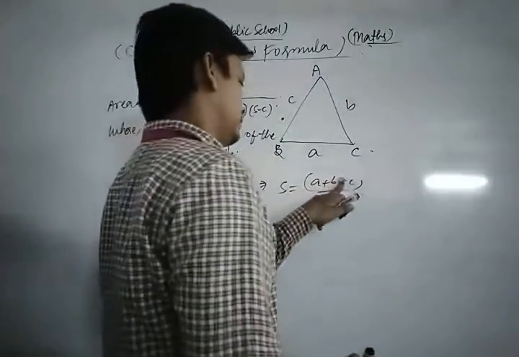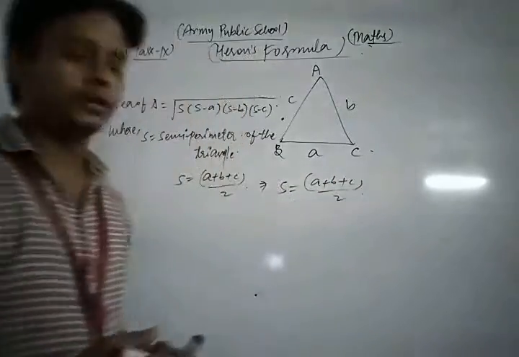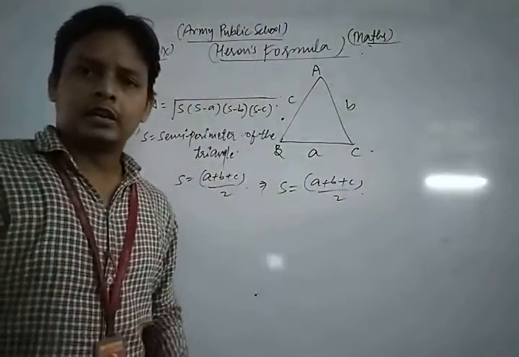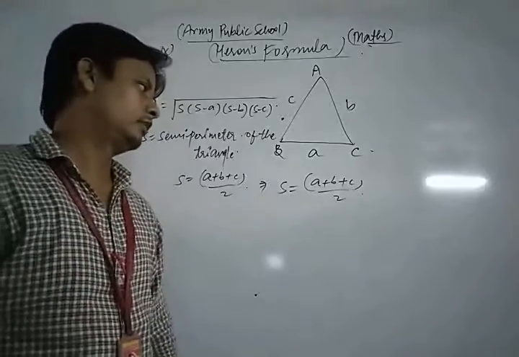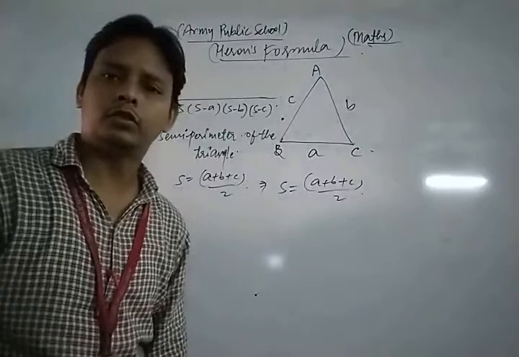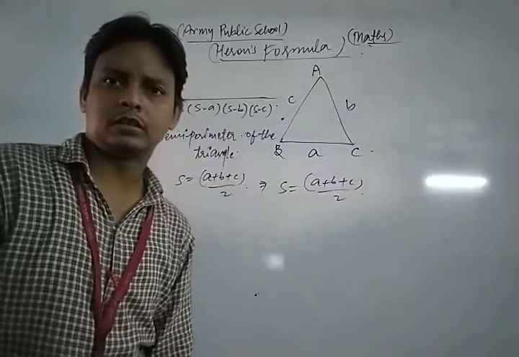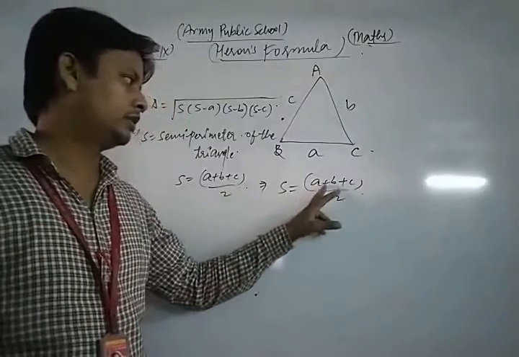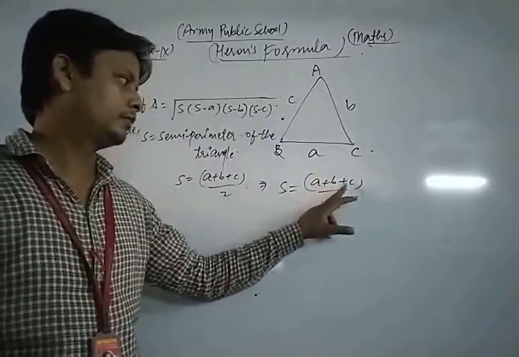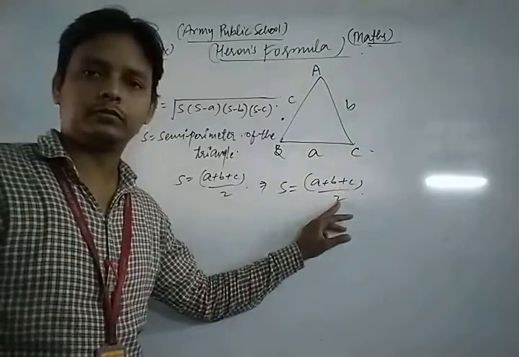A plus B plus C upon 2. This is the formula for the semi-perimeter of the triangle. So S is equal to A plus B plus C upon 2.